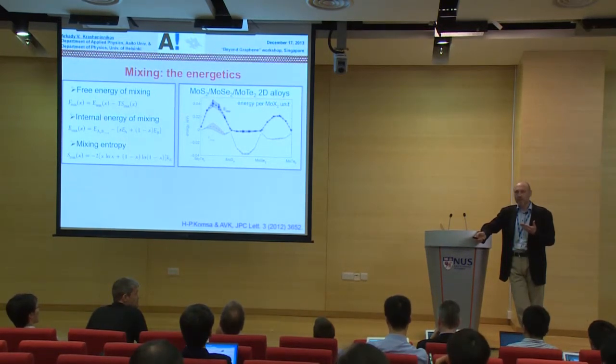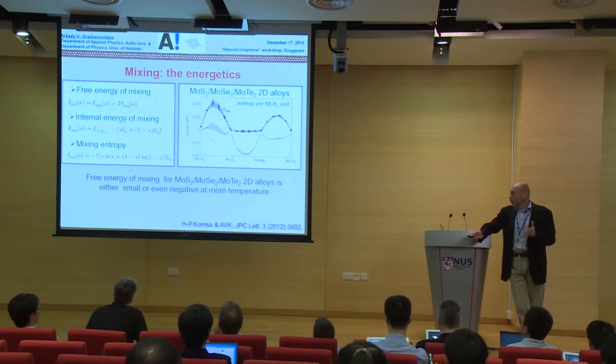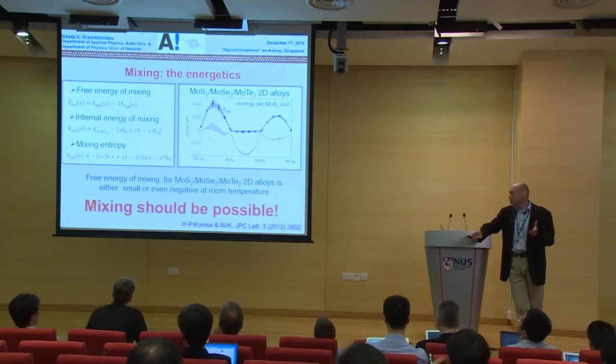Especially for the sulfur selenide mixture, the system really wants to be in the mixed configuration. So from this kind of calculations, it looks like this compound should be stable at room temperature, and mixing should be possible.